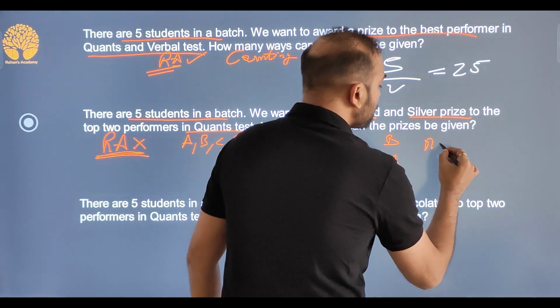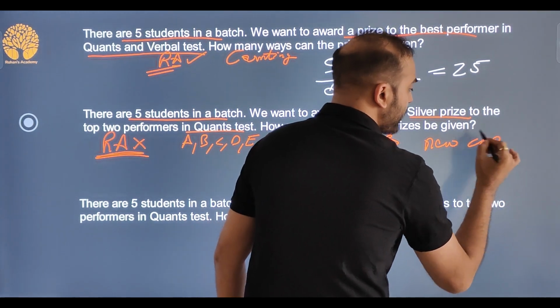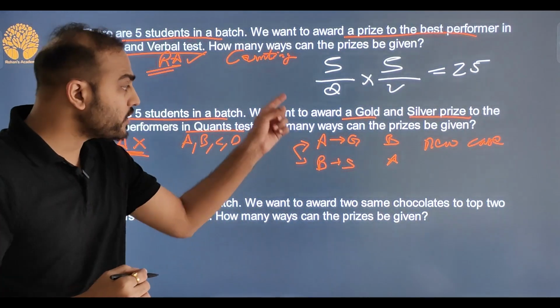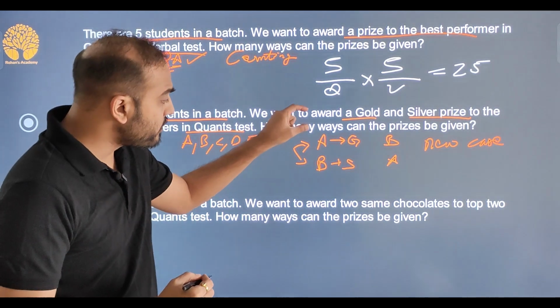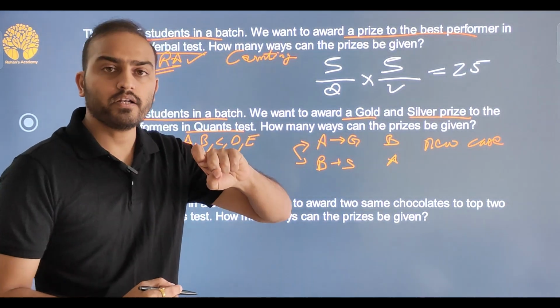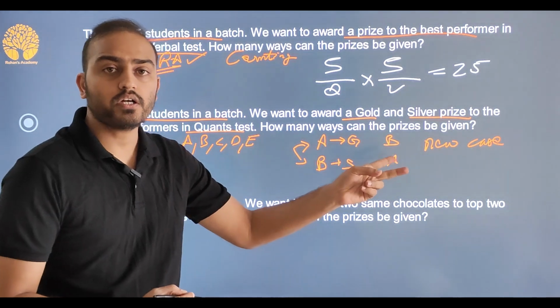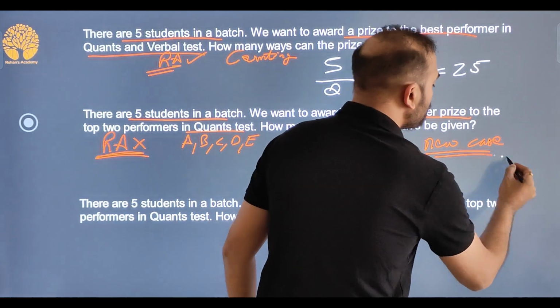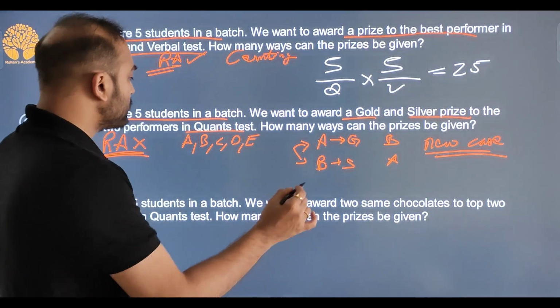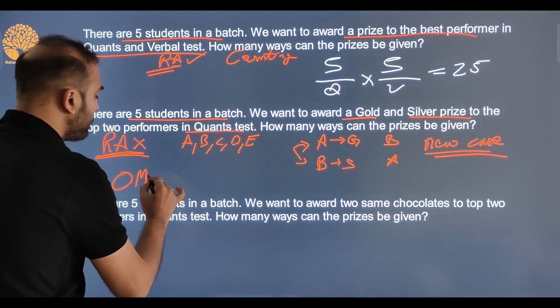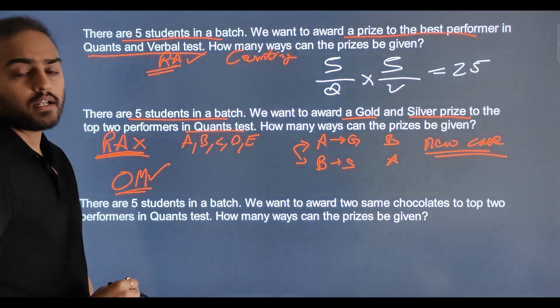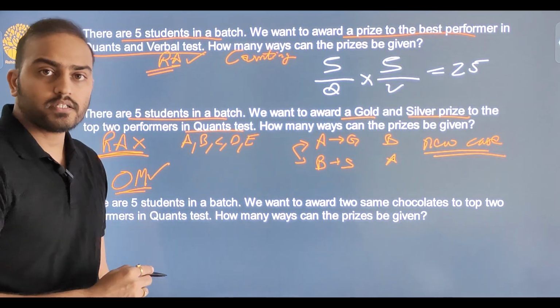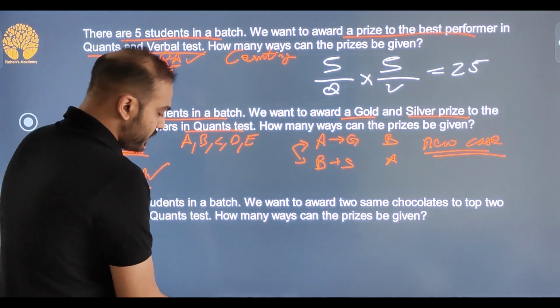Because it is a new scenario, what do we say? The order matters, because the moment I changed the order, I got a new scenario or a new case. So this tells me that order matters, and since the order matters, we will use permutation.